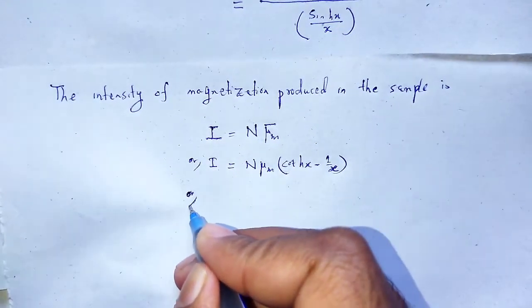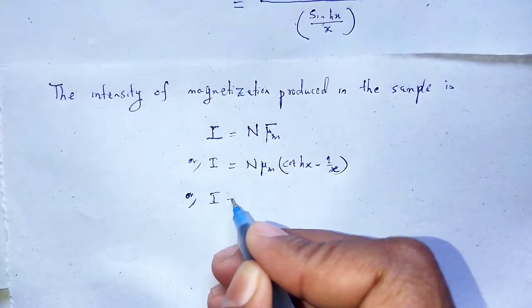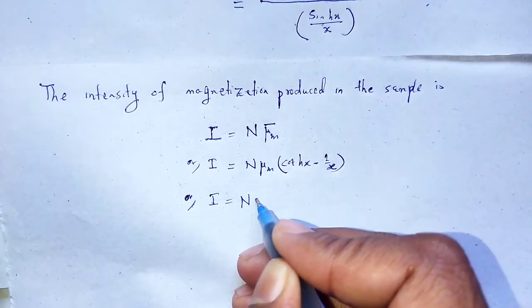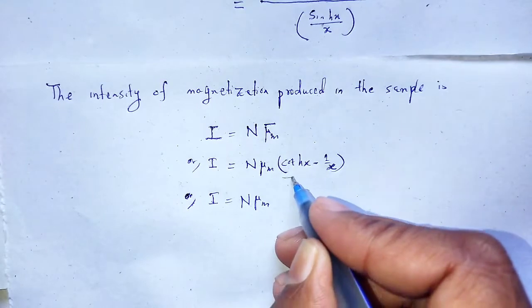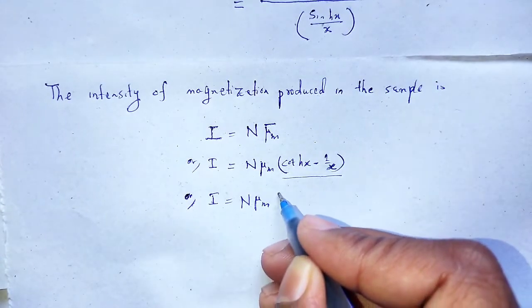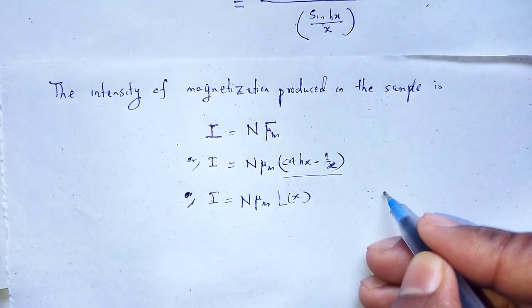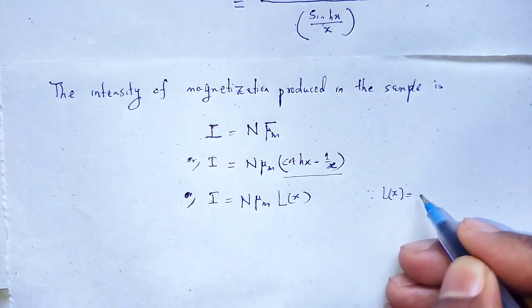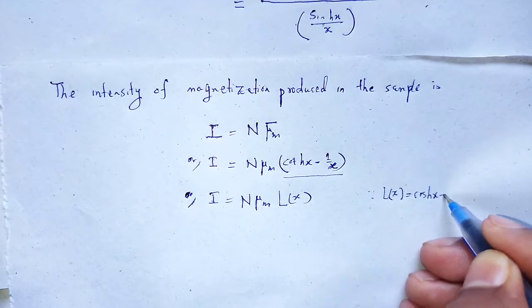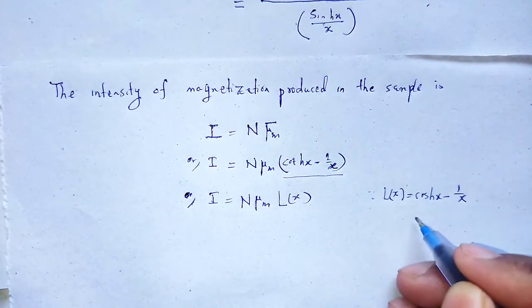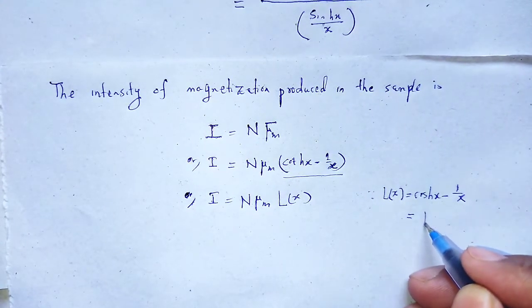Or I is equal to n mu m L of x, where L of x is equal to cot hx minus 1 by x, that is called the Langevin function.